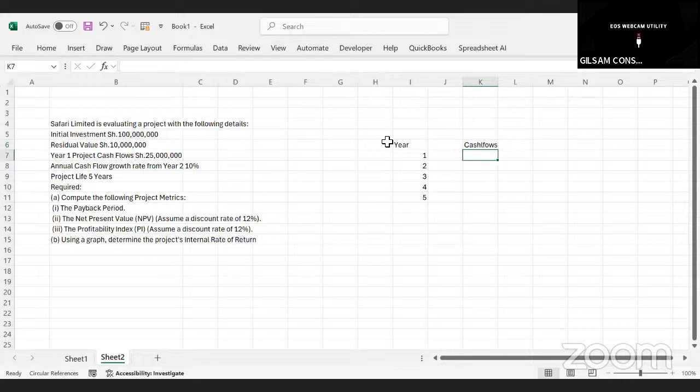The cash flow is 25, but you will need the cumulative cash flows.